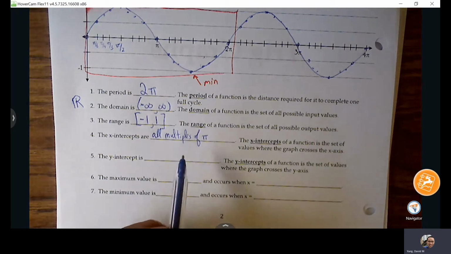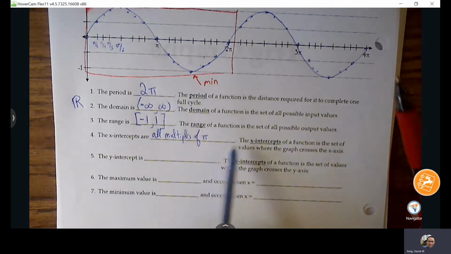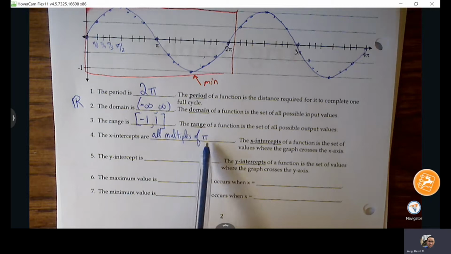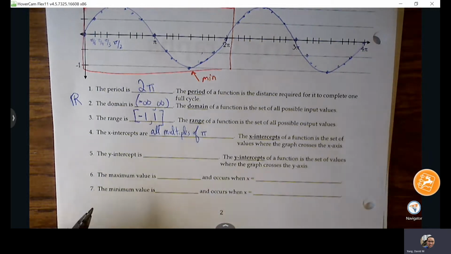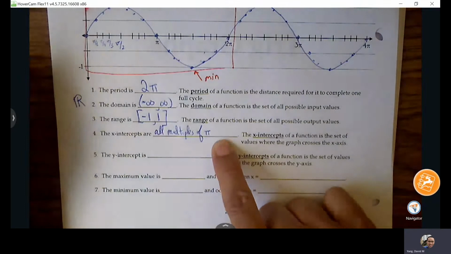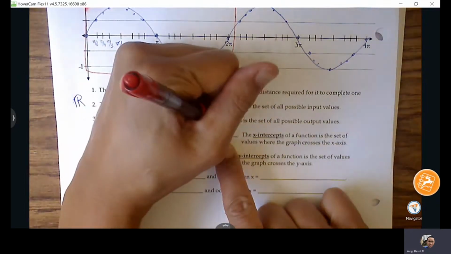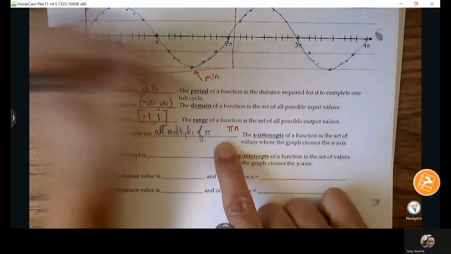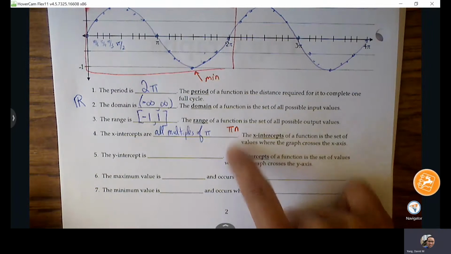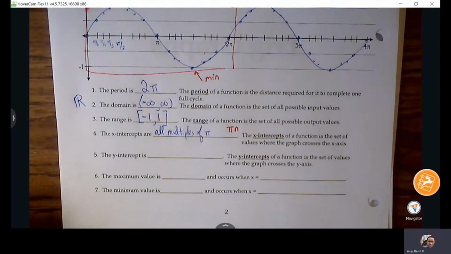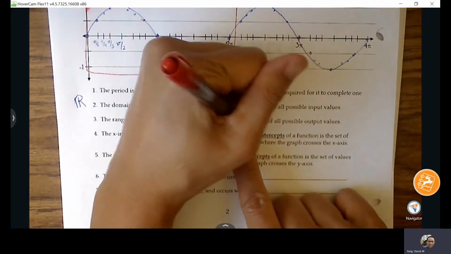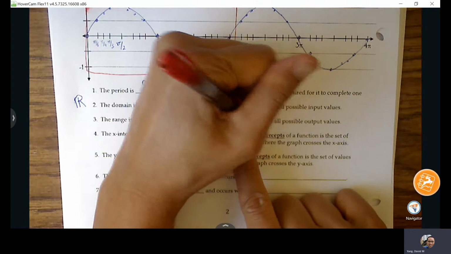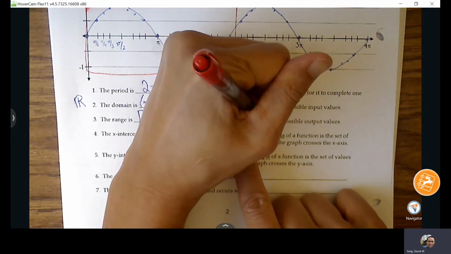But the way that we can indicate that we want all multiples of pi in a more concrete way is we write it this way. We say pi n, and we're going to represent n as an integer. So n can represent any positive or negative integer. We want to indicate that by saying n is an integer, and we have a notation for integer.